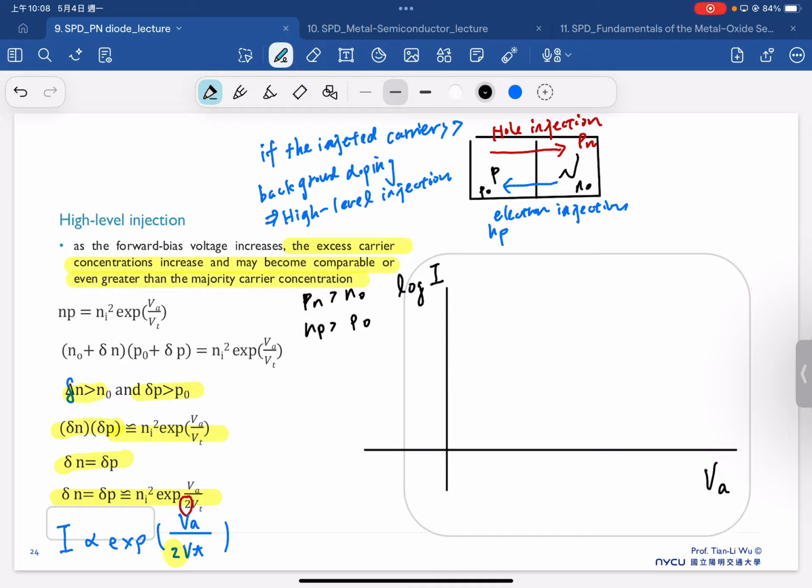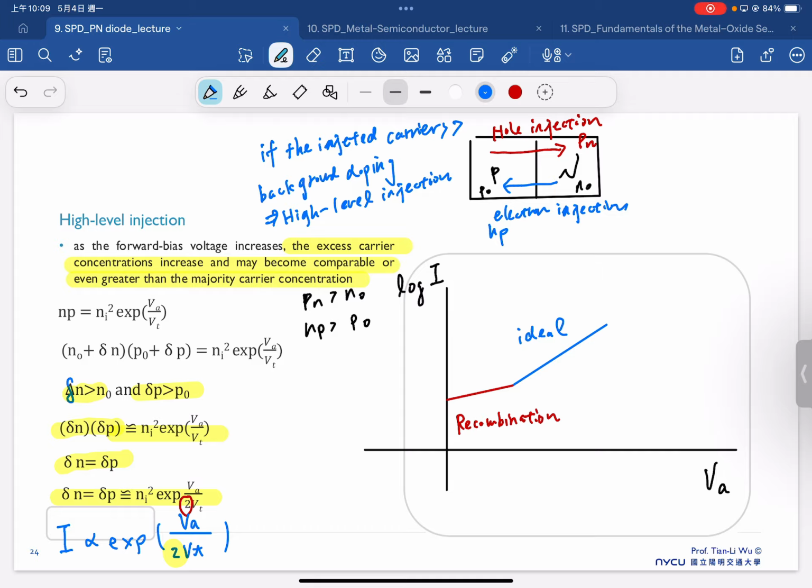So ideally we have the one ideal, right? And under the low bias we need to consider the recombination, which is here. And in the middle we have the ideal case.